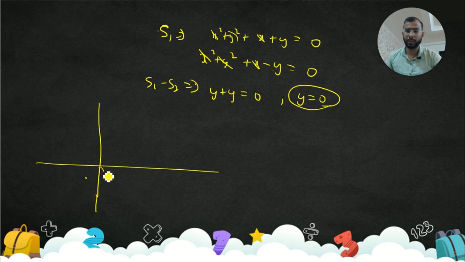Somewhat like this. Second circle center is half comma half, something like this will happen. Here both are intersecting, so this common chord is the radical axis, which we'll see in the next case, but you got the point, right? S1 minus S2 is the radical axis.